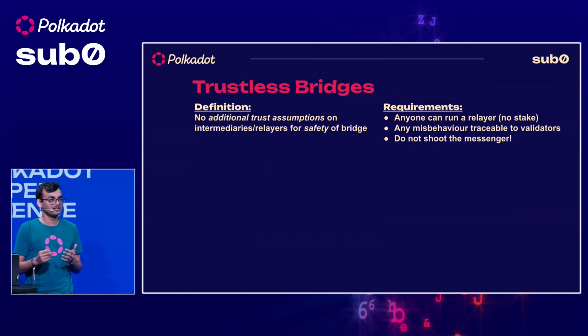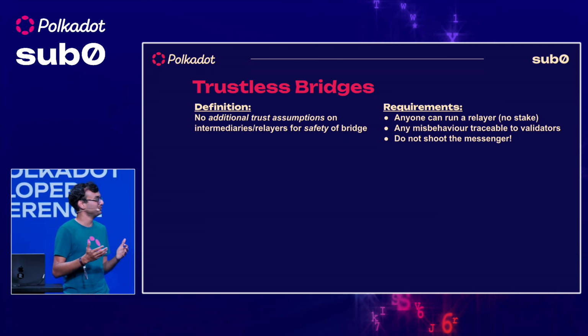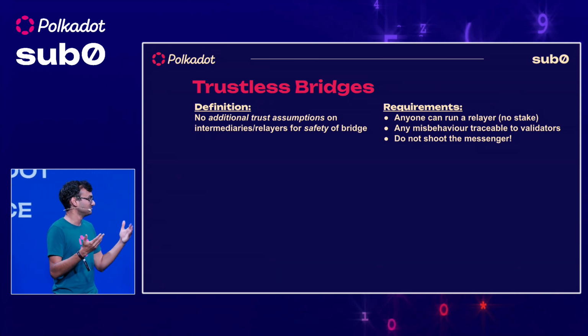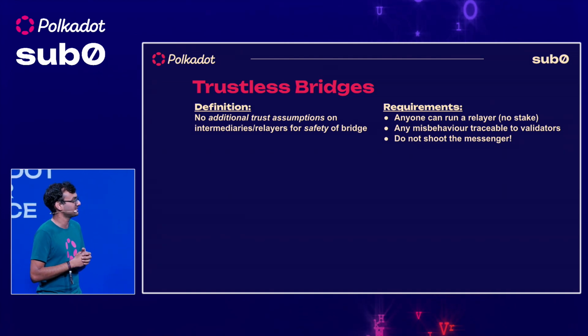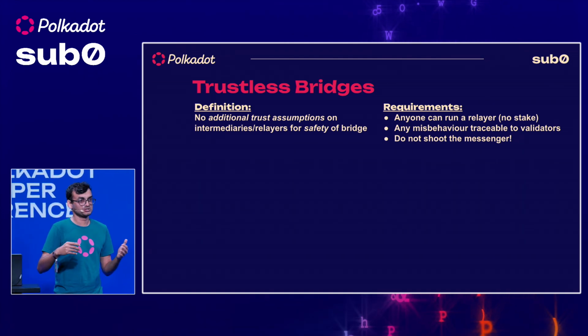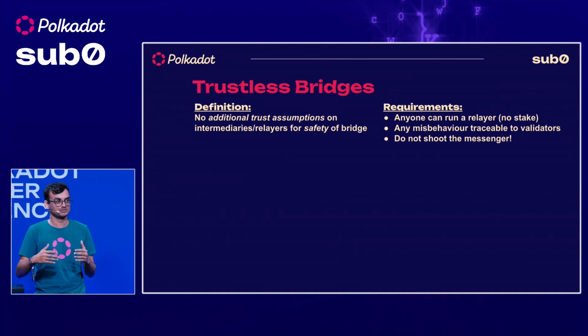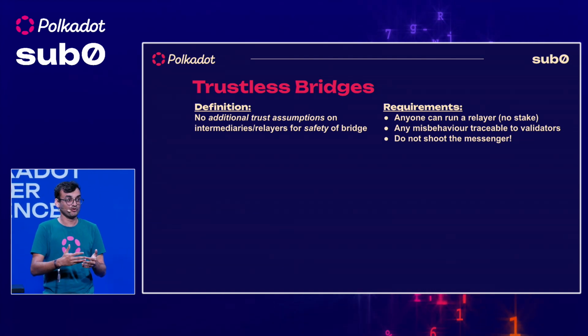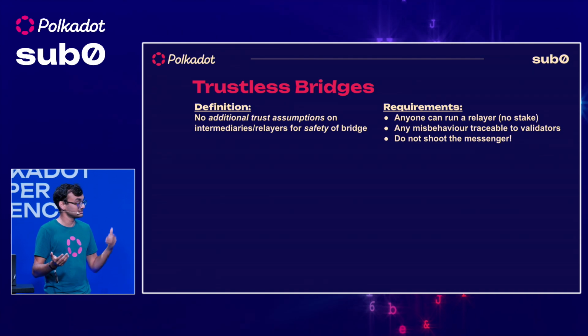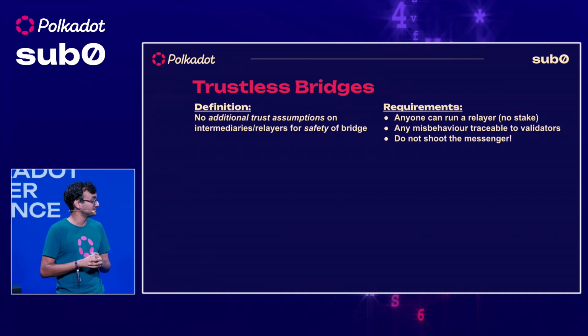This leads us to a few requirements, and the requirements are that anyone can run a relayer. So there need not be any stake or deposit that the relayer has to deposit before becoming a relayer. This is one of the crucial requirements for us.